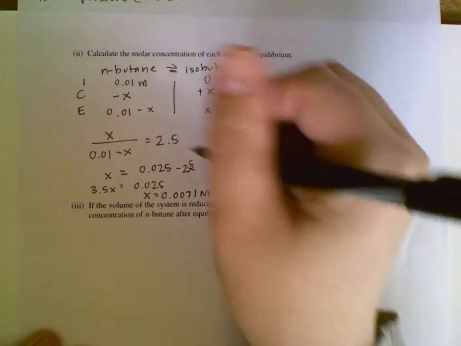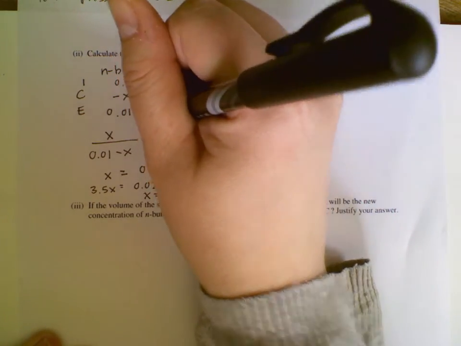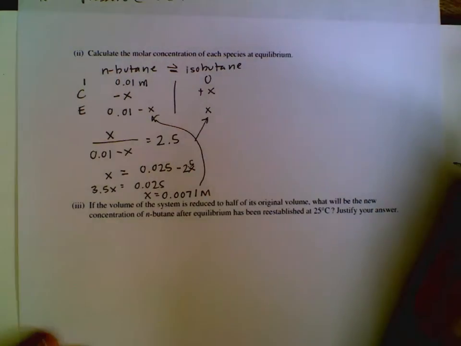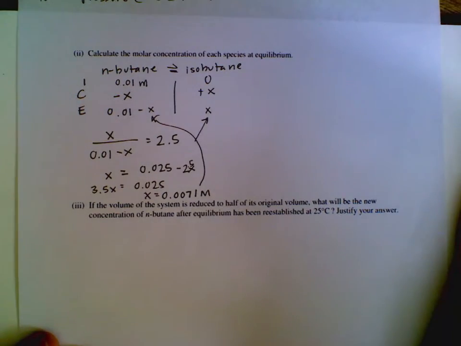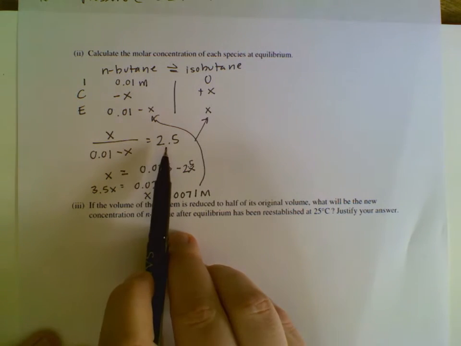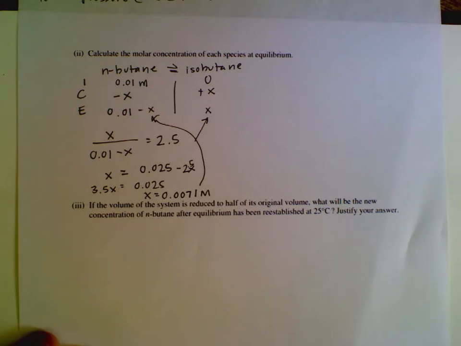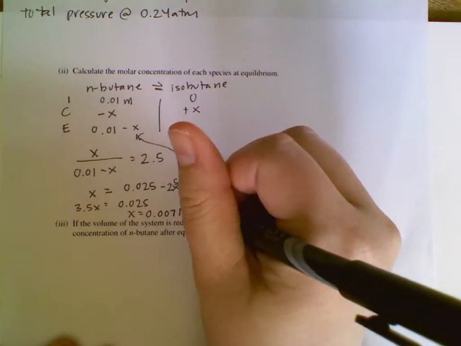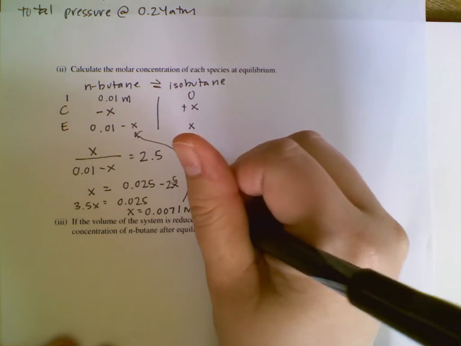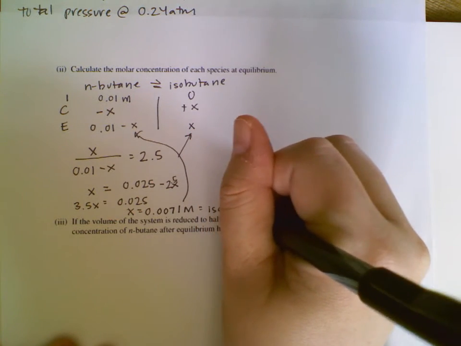So that's the change that belongs in both of these X values. And again, normally we drop this X when we're talking about KSPs and stuff like that, but that's because the K constant is small. This is a pretty big constant, so we can't make that disappear. So in this case, the 0.0071 is equal to the concentration of my isobutane.